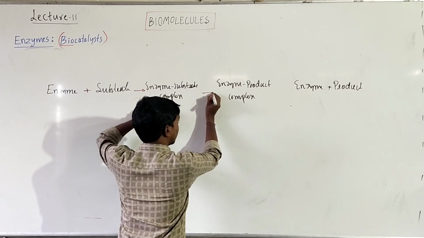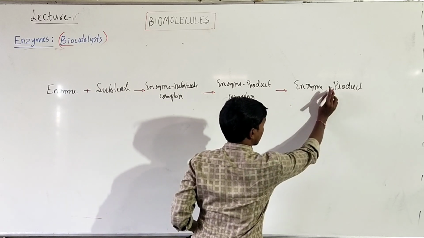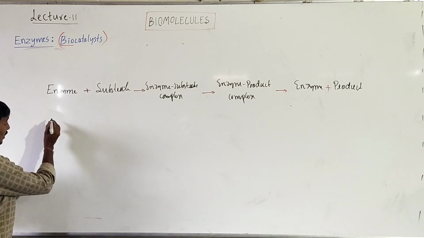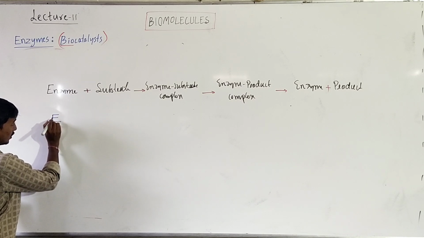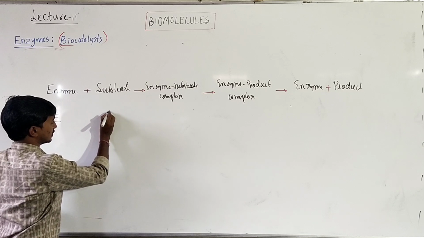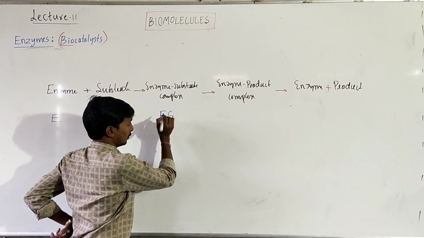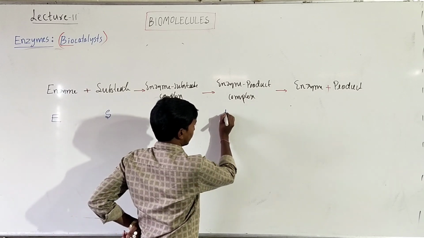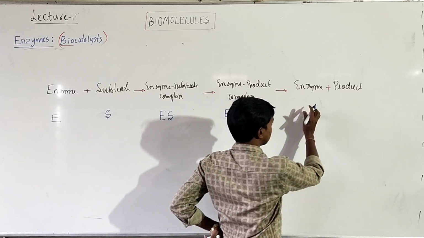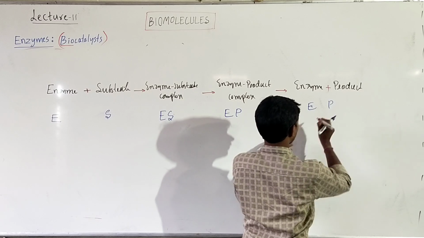That will again form an enzyme product complex. Later on we will get the enzyme plus product separately. So: substrate, enzyme substrate complex, enzyme product complex, and lastly we will get enzyme plus product.